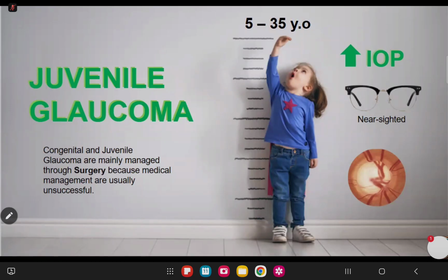When we say juvenile glaucoma, it is diagnosed from age 5 to 35 years old. If congenital, it is usually from birth up to before the age of 5. Glaucomas are mainly managed through surgery because medical management is usually unsuccessful.